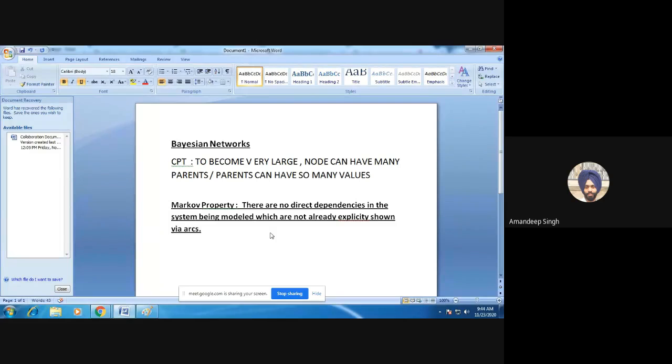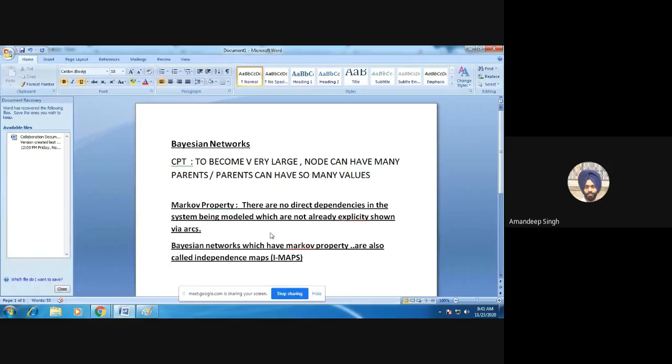Fine. And Bayesian networks which have the Markov property are also called independence maps, or I-maps.